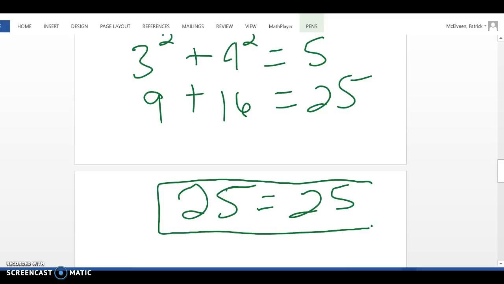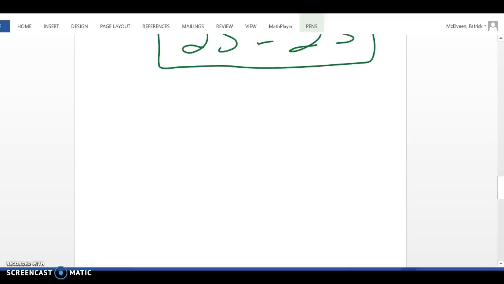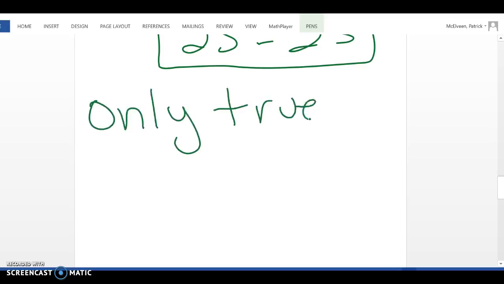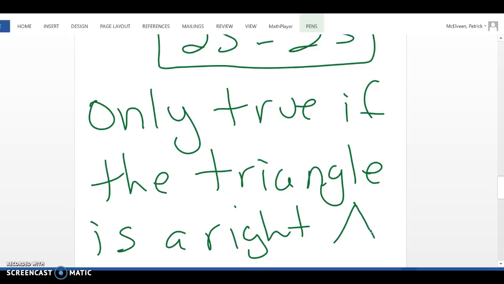So those two values are equal, and that is only true if it is a right triangle. If the triangle is not a right triangle, then that's not true.